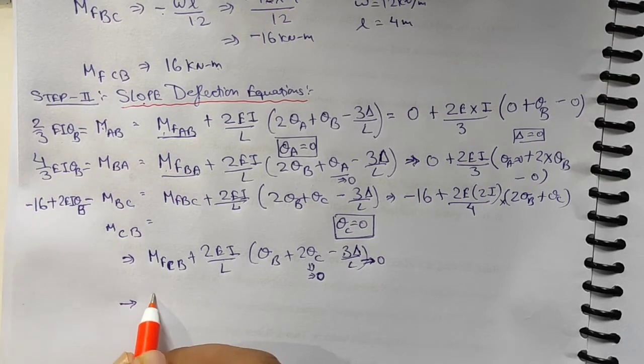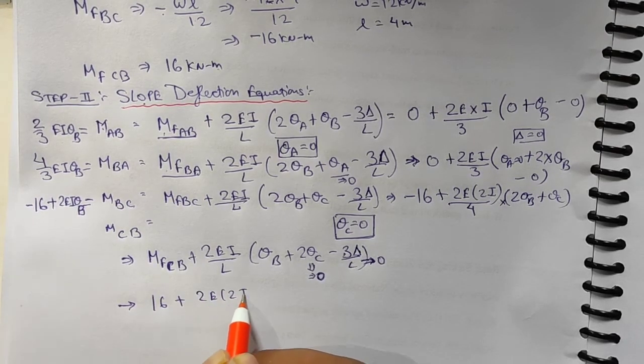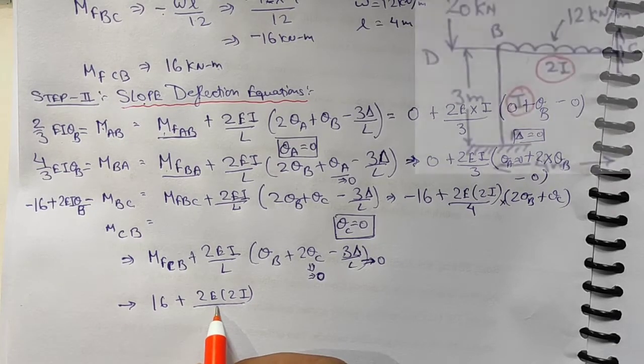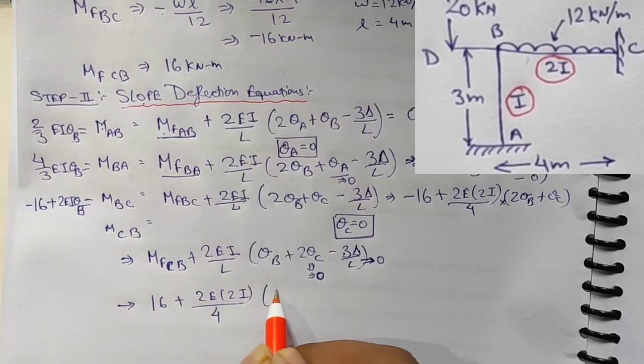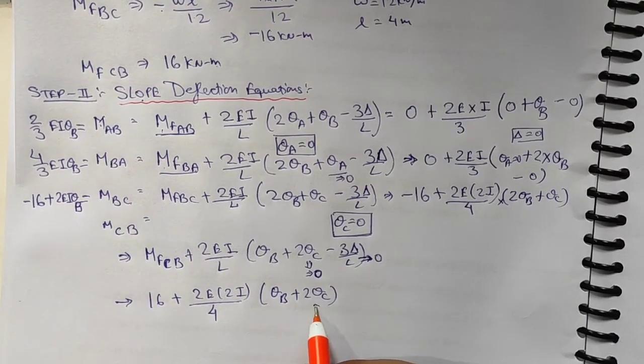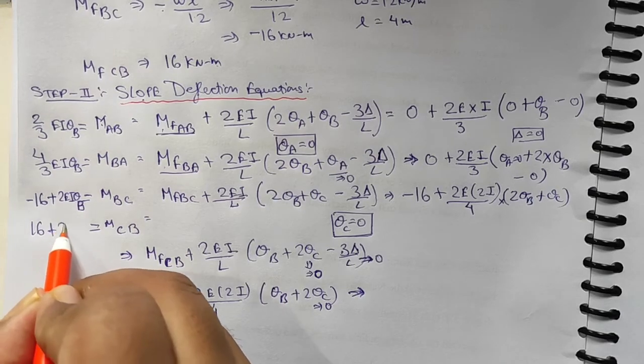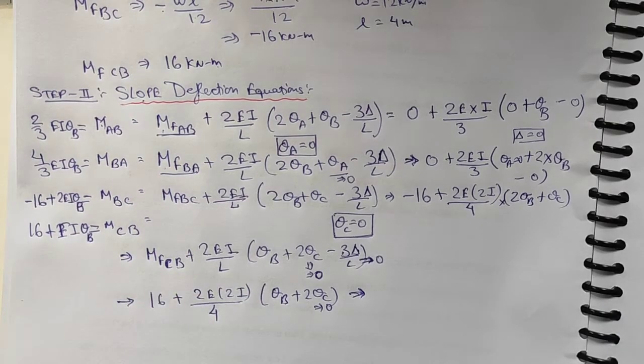Now I'll put the values, that will be 16 plus 2I, again 2I, and the value of L is 4, multiplied by theta B plus 2 theta C. The value of theta C is again 0. In the final equation, I'll get 16 plus EI theta B.